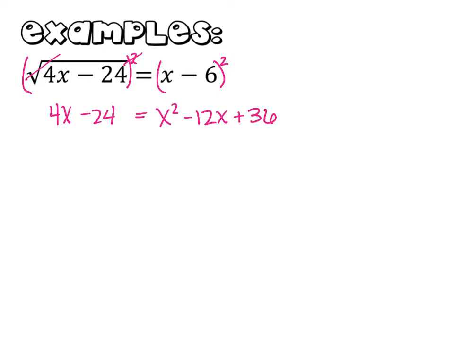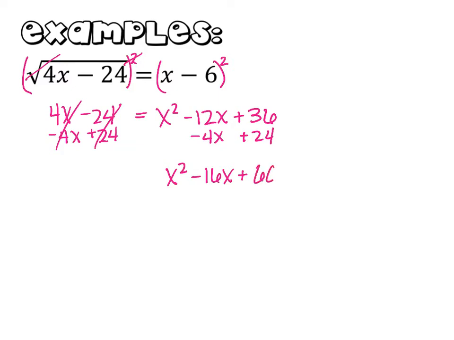Then it's just like the ones we were working on yesterday, where all we need to do is get everything equal to 0 and solve by factoring. So I have x squared minus 16x plus 60.